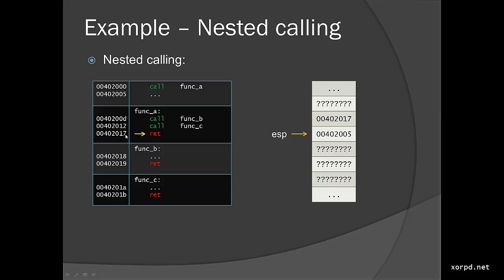And this is exactly what happens. Now we are at the ret instruction inside func A. This ret instruction, as usual, will use the topmost D word inside the stack, which is currently this one, as a return address. So we are going to return to this location.